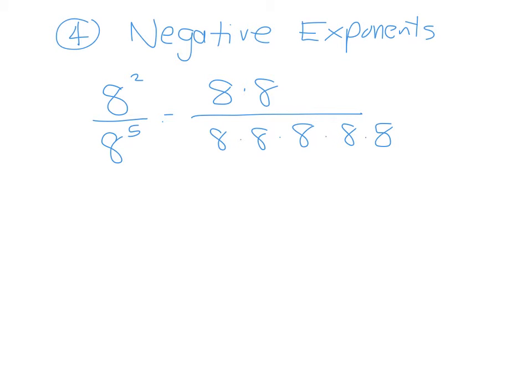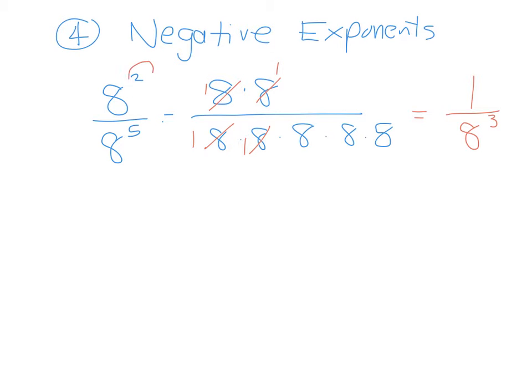Now, whenever I have 8 on the top and 8 on the bottom, they cancel out, leaving 1. So now I have 1 on the top, like not 0 on the top, but 1, and I'd have to leave that 1. And I have 3 of them on the bottom, or 8 to the 3rd power.